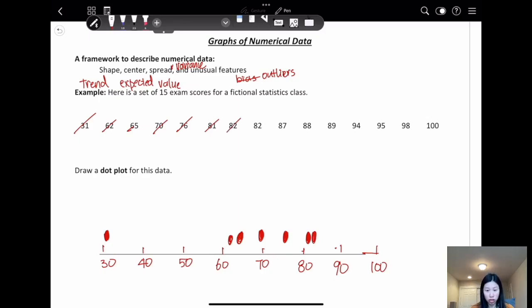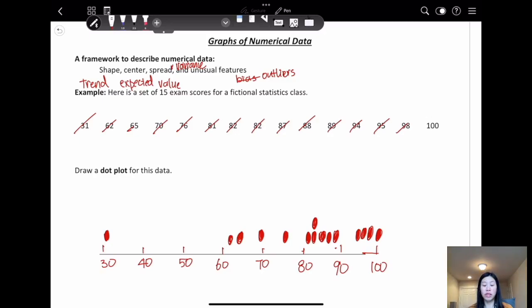Oh, we have a second 82. What you can do is stack the data here. 87, 88, 89, 94, 95, 98, 100.